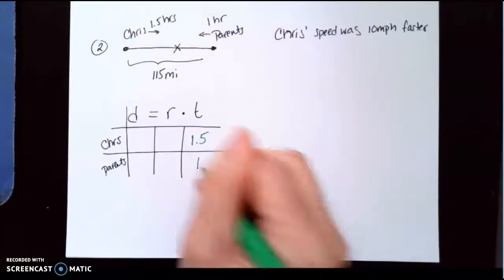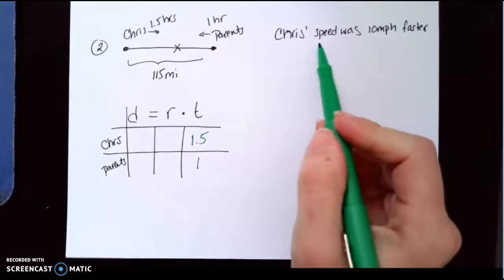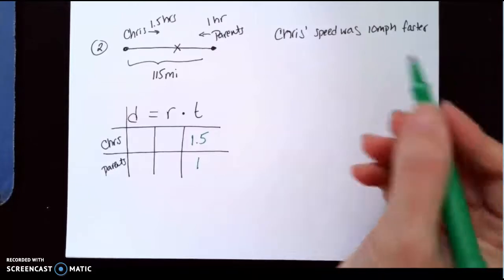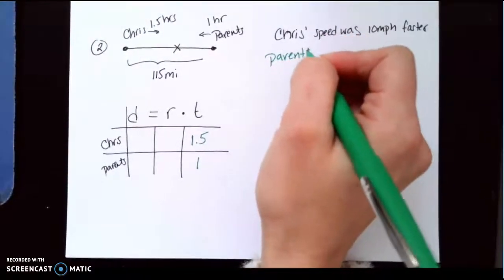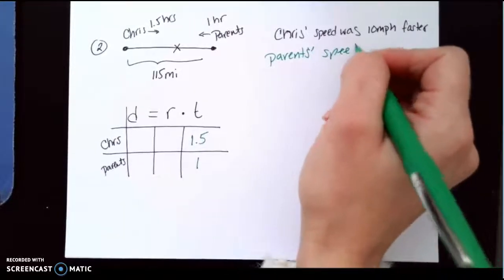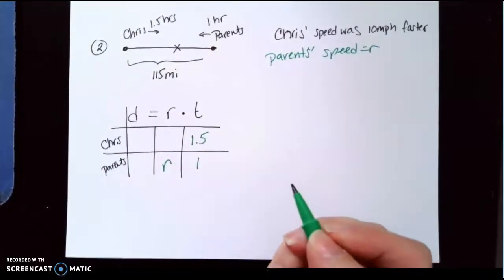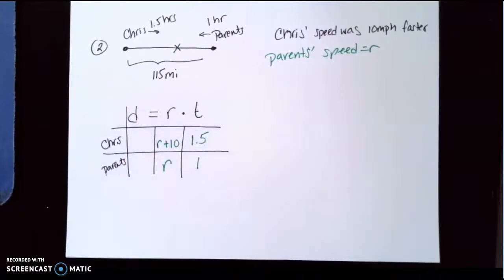His parents traveled for 1 hour. Now the rate, we know that Chris's speed was 10 miles per hour faster than his parents. So let's say his parents' speed is r, and that means that Chris's speed is his parents' speed r plus 10 miles per hour faster.